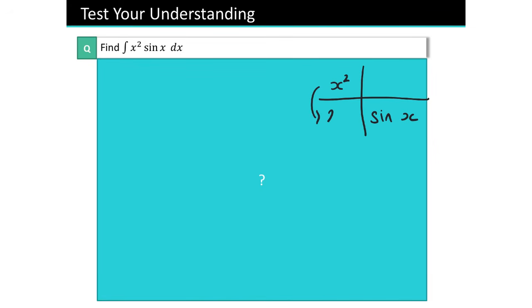So we differentiate to 2x. We integrate to minus cos of x. Okay, so now we're going to have x squared, so minus x squared cos of x multiplied by, so minus the integral of minus 2x cos x, right?